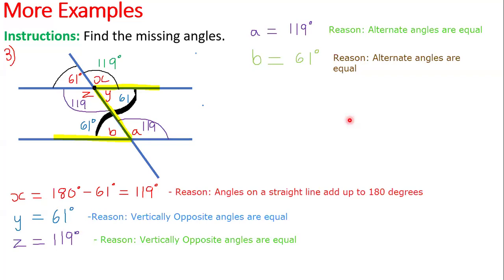Yes, sir. Why is y and b equal to each other? Because alternate angles are equal.